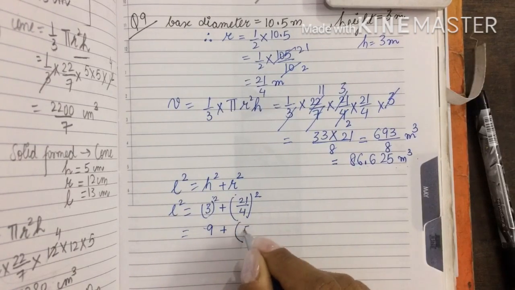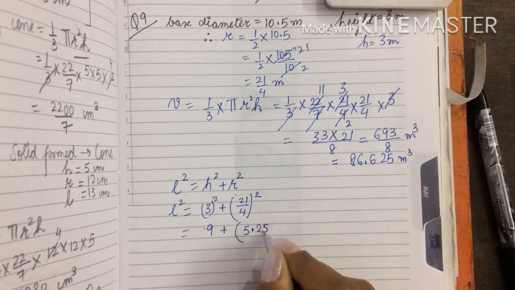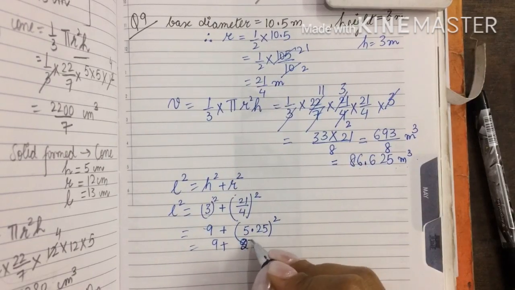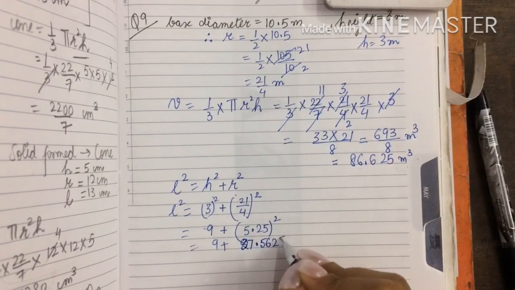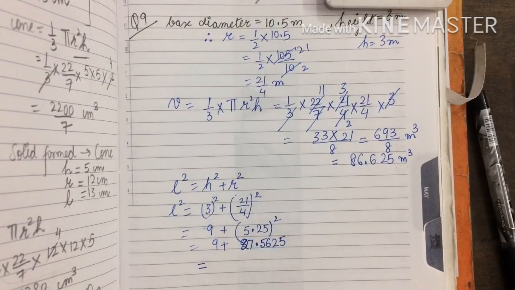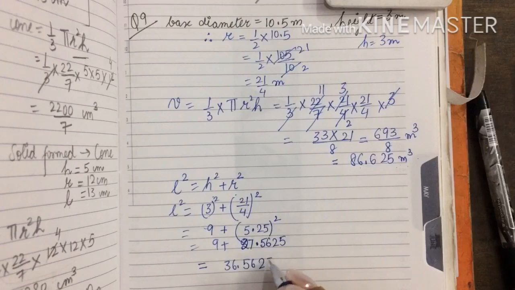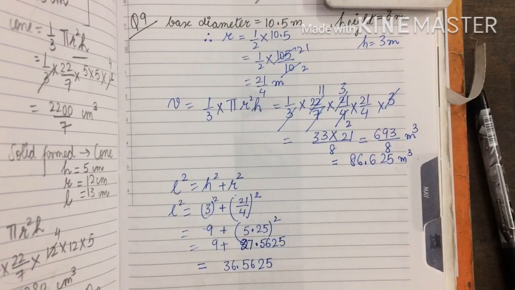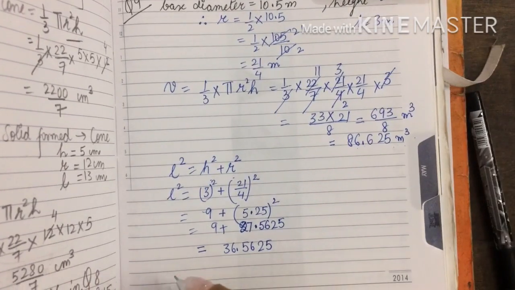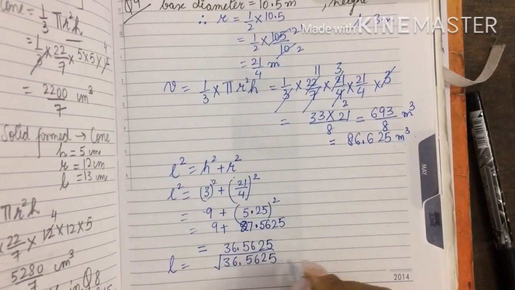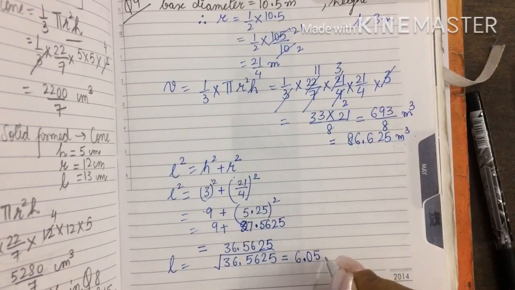So this will be 9 plus 27.5625 comes out to be 36.5625. So L will be equal to the square root of 36.5625, and this approximately comes out to be 6.05 meters.